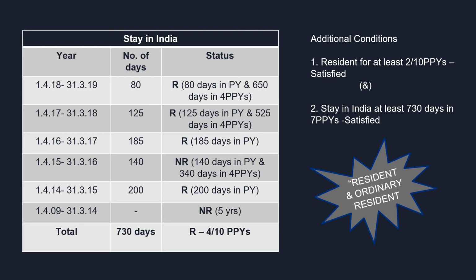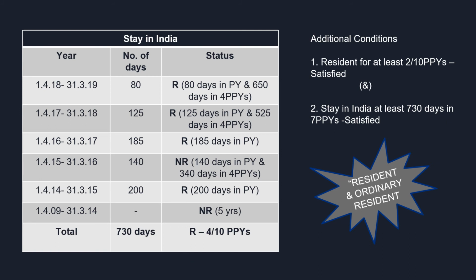So, in those 4 years, he has stayed 650 days. So, from this we understand, since he has satisfied the second basic condition, in the year 2018-19, he becomes a resident. In a similar way, you need to check if he is a resident for 2017-18, 2016-17, 2015-16, 2014-15 and so on.